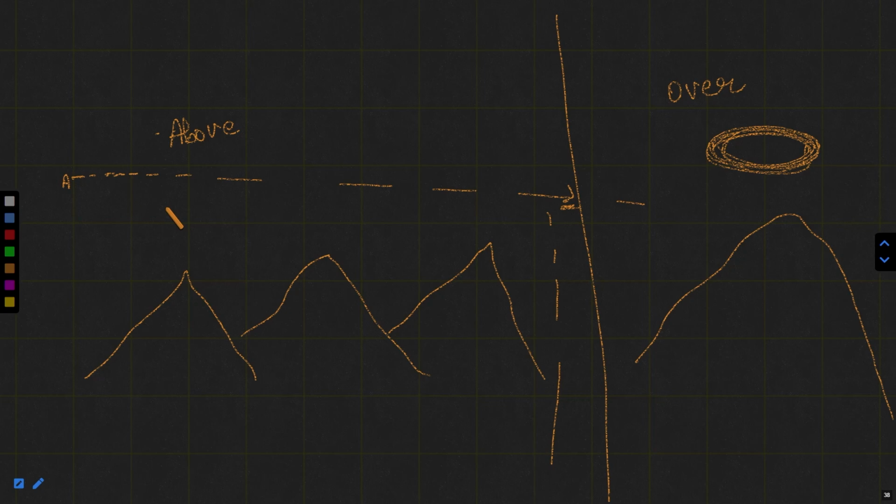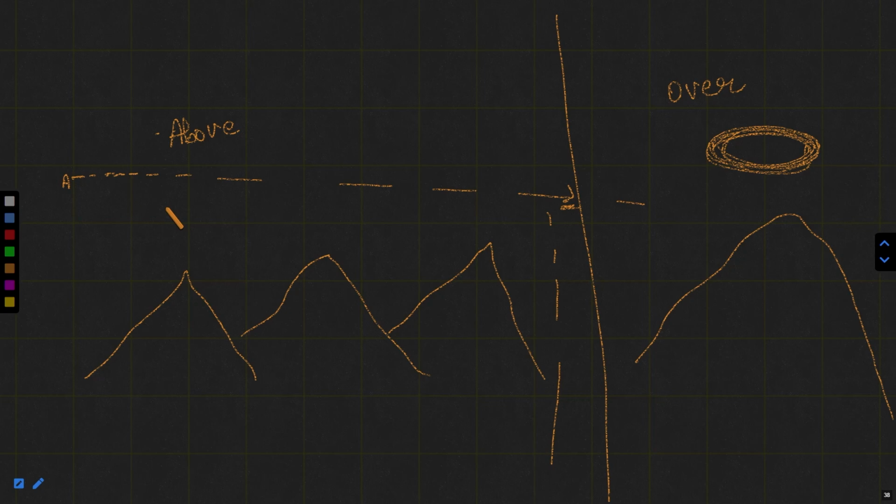But if I say the drone was flying above the roofs, it means it is passing the roofs. It means it is taking the images of the entire city. So there we can use over in respect of the city but above in respect of roofs.